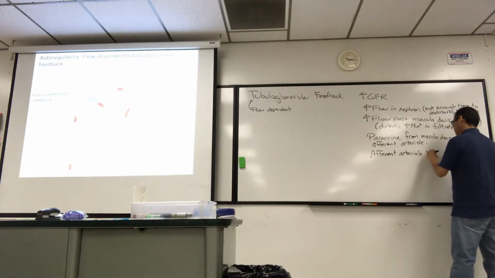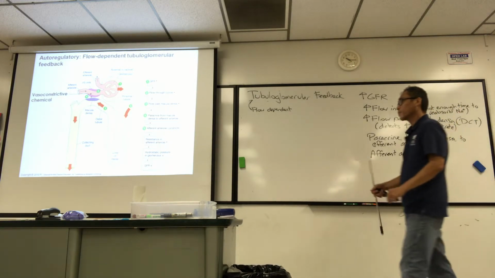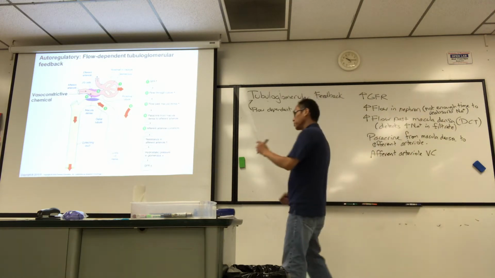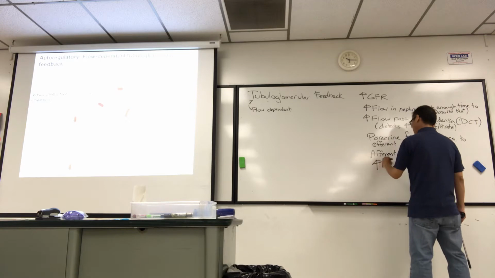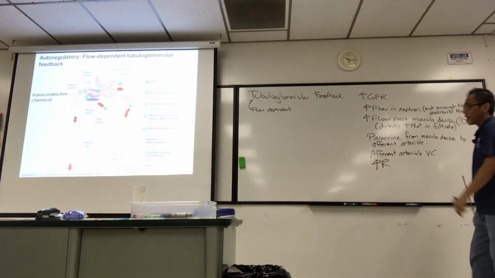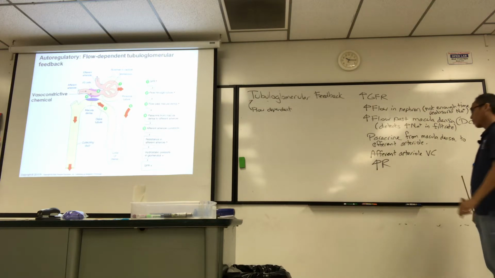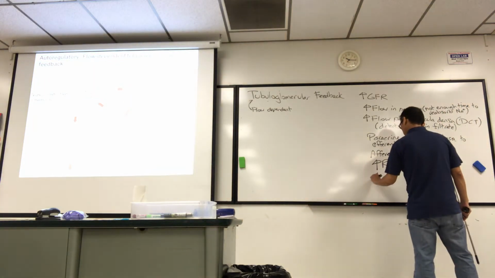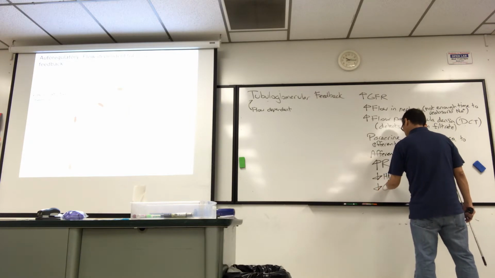I'll put VC. In this class, we've always known that to mean vasoconstriction. And when that happens, you're increasing the resistance to blood flow. I'll just put increase capital R, right? And if you do that, you're going to decrease pressure, decrease HP, decrease GFR.